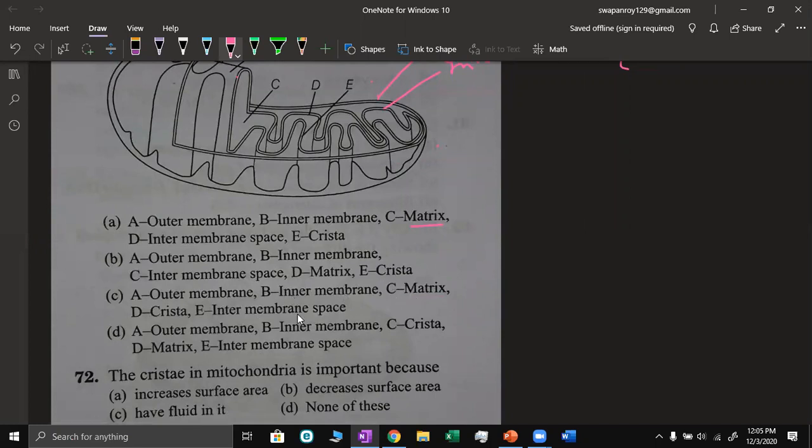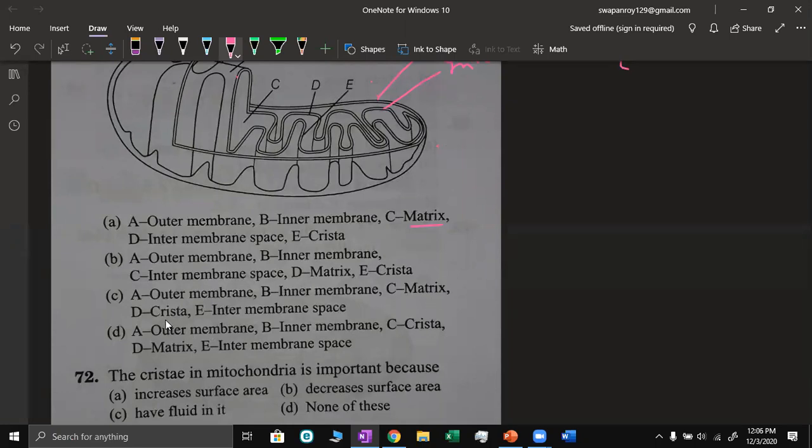Is there anywhere D is showing matrix? D intermembrane space, outer membrane, inner membrane, D matrix, no. E cristae, B inner membrane, C matrix.